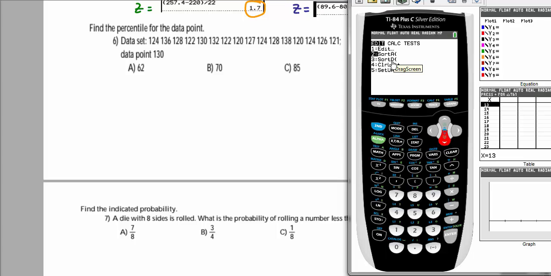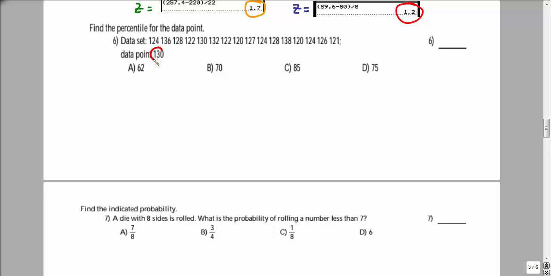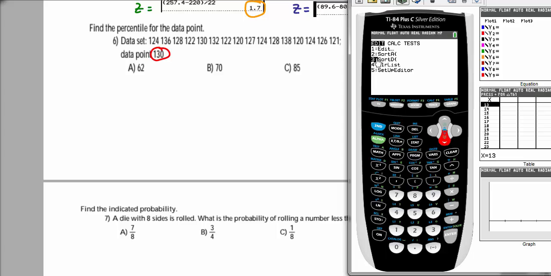I'm going to sort descending because my value of 130, the data point I'm looking for, is going to be toward the bigger numbers. So if I hit sort descending, that's going to help me find that value a little faster. Then I go to second L1, because I want to sort this list descending, and hit enter.